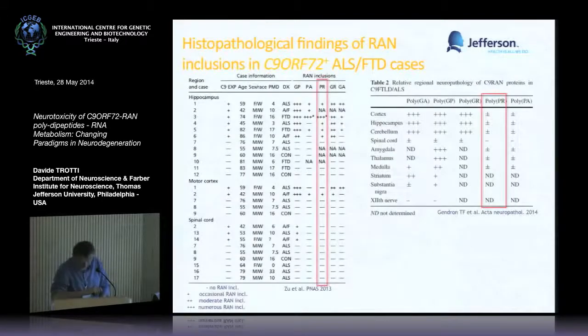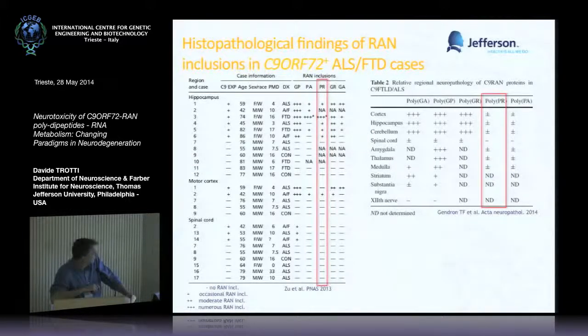And then I just want to conclude by proposing, these are two tables taken from published data from Ranum and from Laura Ranum, where they show formation of RAN inclusions. And what you see here, if you look at PR, is that it's not detected in the spinal cord, as well as in here. That is the relevant area of neurodegeneration in these diseases.